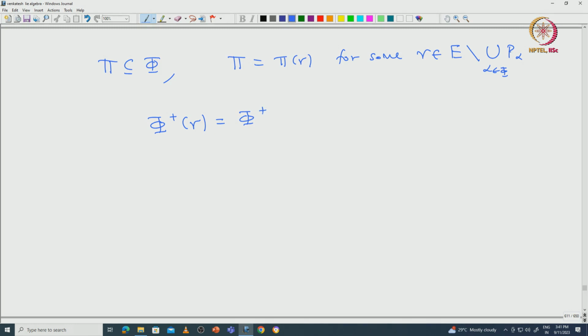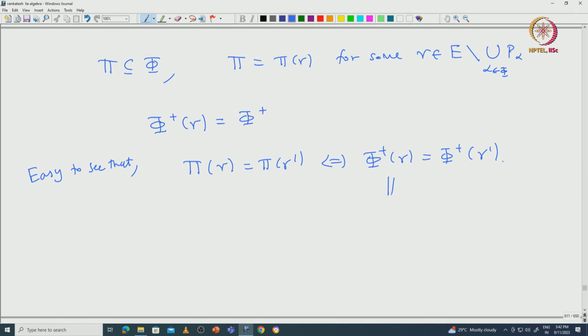Now it is easy to see that pi equals pi of gamma dash if and only if phi plus of gamma must be equal to phi plus of gamma dash. This is not hard to see. In particular, you can also see that in this case, gamma and gamma dash both lie on the same side of the hyperplanes P alpha.